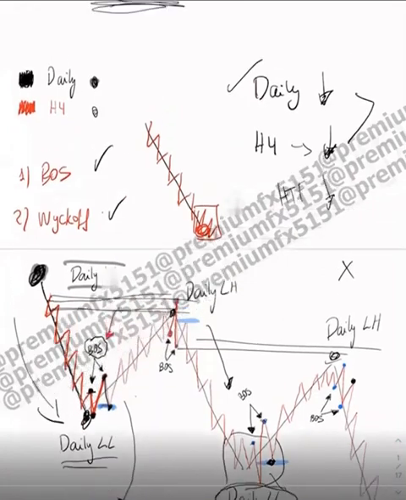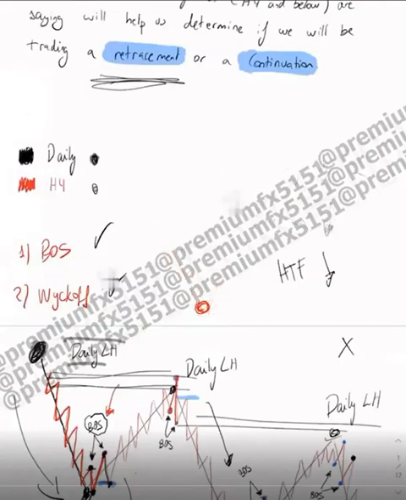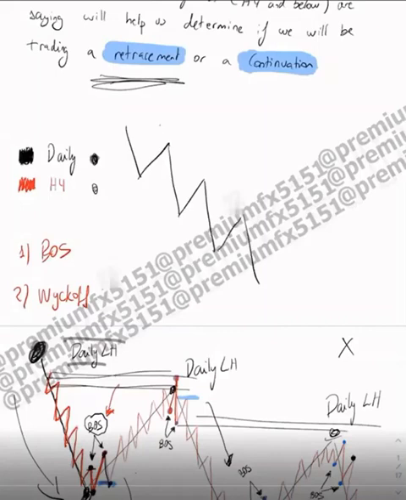Perfect. Again, let's do a quick point here, because I went really quick, just to understand market structure. I know Wally went a little bit into lower highs and higher lows and everything, but let me touch on it. A downtrend comes with a series of lower highs and lower lows.